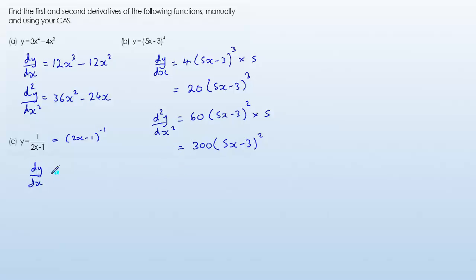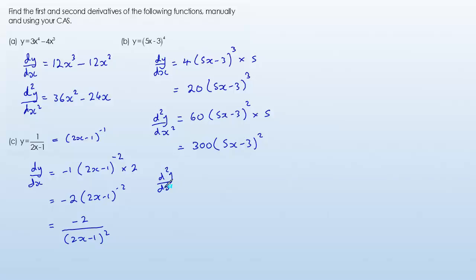So dy/dx is, drop the negative 1 down in front, and then we've got (2x minus 1) to the negative 2, so we reduce the power, and multiply by the differential of the inside. So that's going to be negative 2(2x minus 1) to the negative 2, which is negative 2 over (2x minus 1) squared.